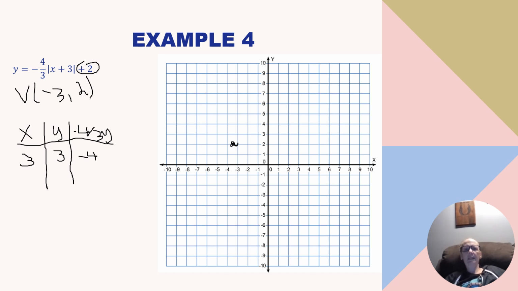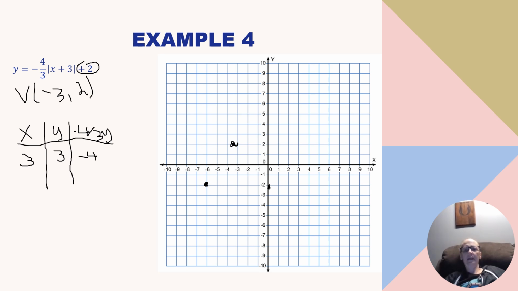So I'm going to go 3 this way to the right, and then I'm going to go 4 down from this vertex. So 1, 2, 3, 4, and get another point. And then I'm just going to go across the line. It's easier. Here's the vertex, and I'm going to go 3 the other direction. 1, 2, 3, and there's my next point.